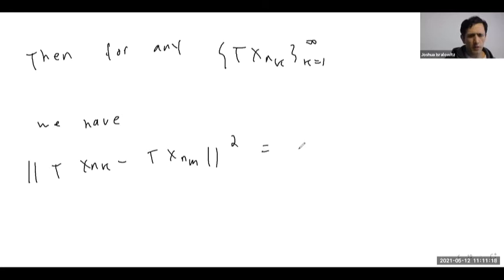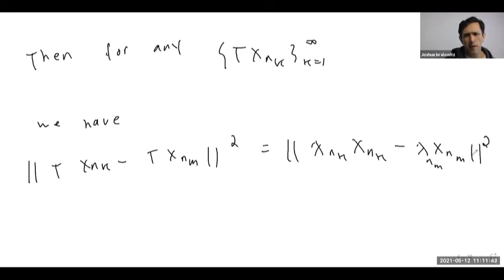Just like before, this is going to be lambda_{n_k} x_{n_k} minus lambda_{n_m} x_{n_m}, in virtue of being eigenvectors.